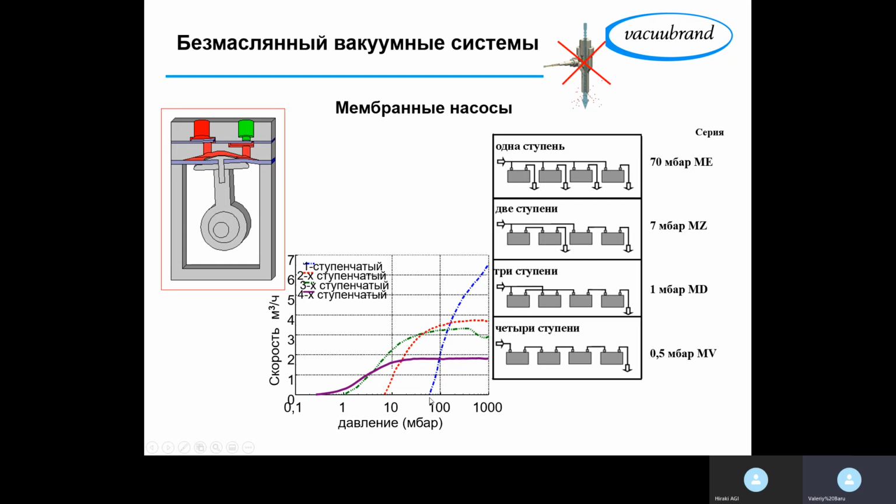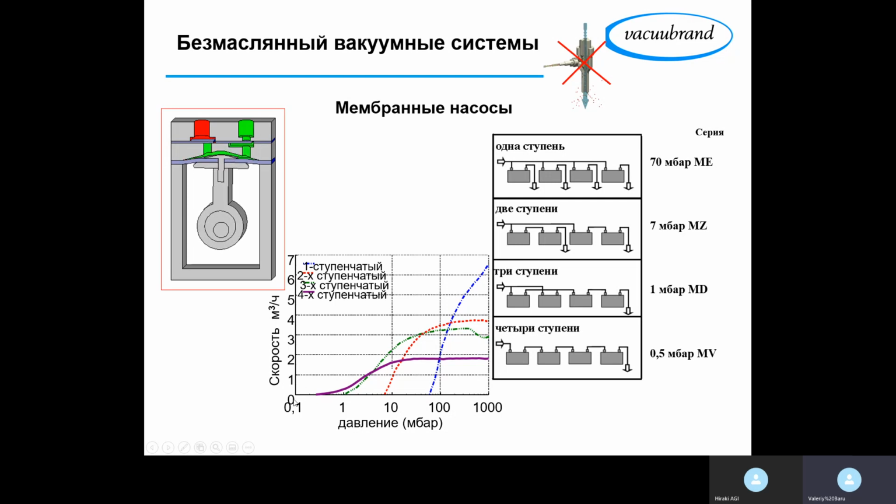What is also very important to keep in mind, and this is something that, surprisingly to me, most of the customers do not understand, is that it is important not only to have a high vacuum, but you always need to consider the performance of the pump at the vacuum you are going to work at. So what does it mean? You can see here on the graph the performance of the pump.